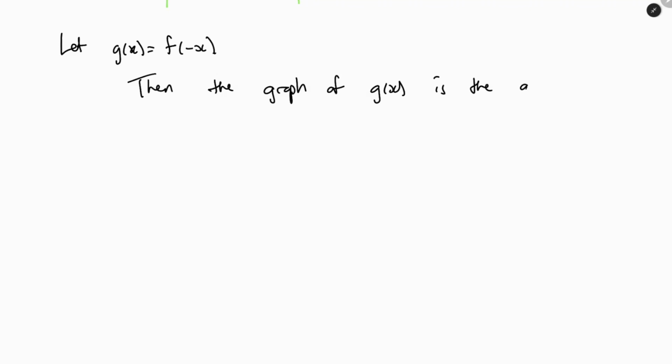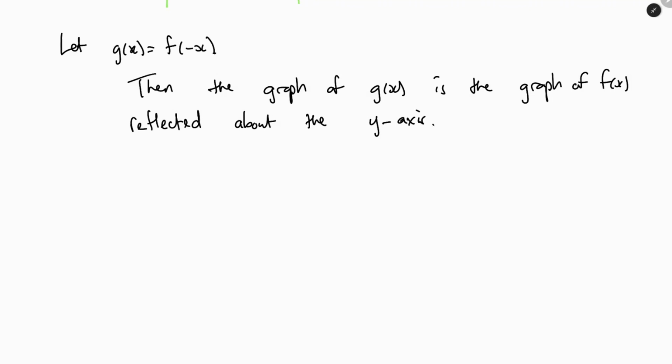Okay, so now let g of x equal f of minus x. And then what happens? The graph of g of x is the graph of f of x, this time reflected about the y-axis.